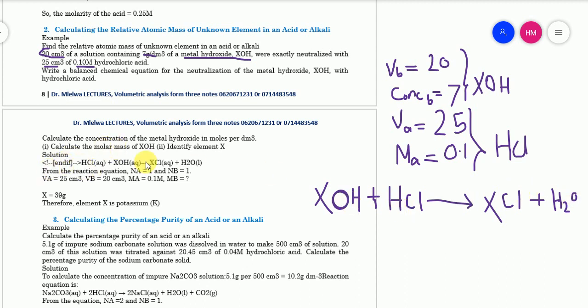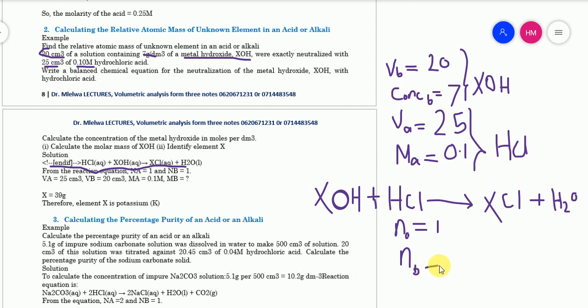The balanced chemical equation is seen here, however it's not clear, but as you can see, HCl is aqueous plus X hydroxide is aqueous, then you get X chloride, which is aqueous, plus water, which is liquid. So at the end of the day the number of moles of acid, Na, will be equal to 1, and the number of moles of base, Nb, will be equal to 1.